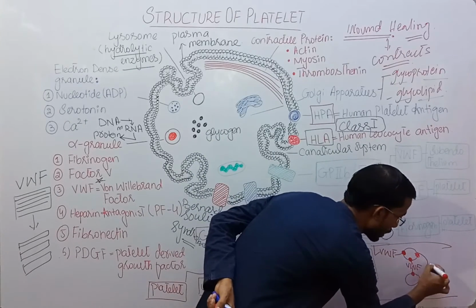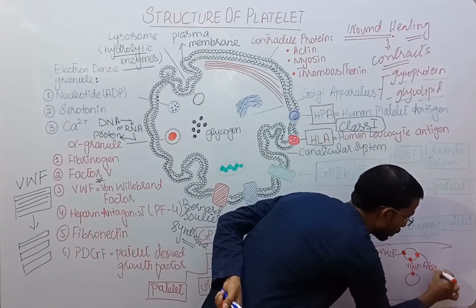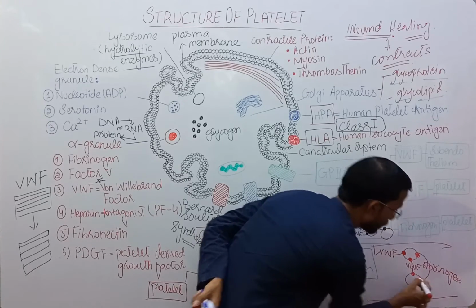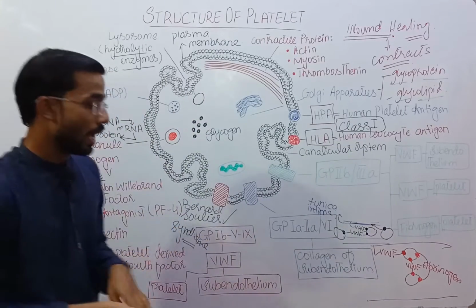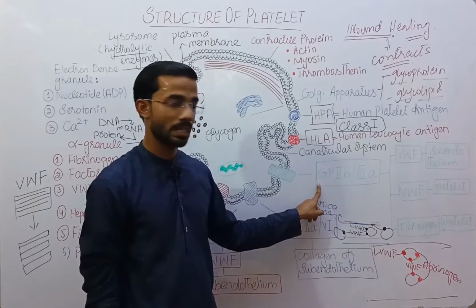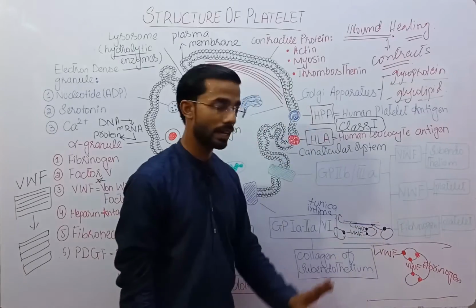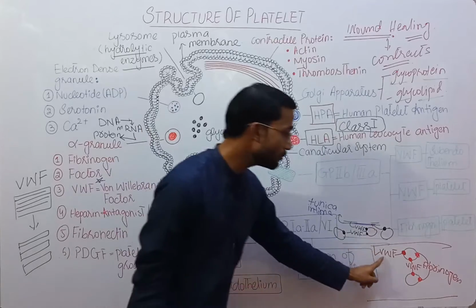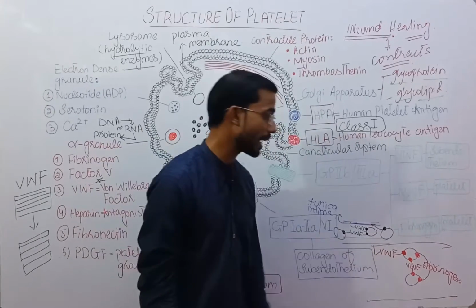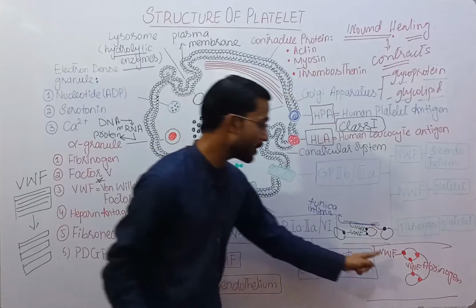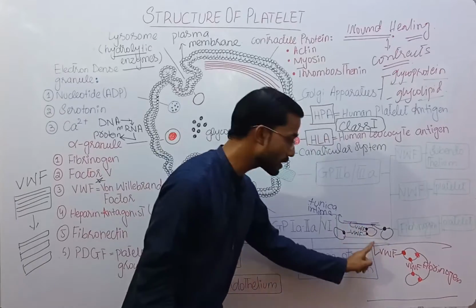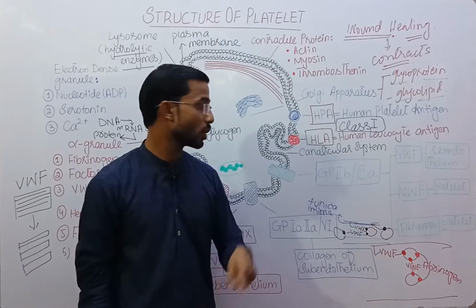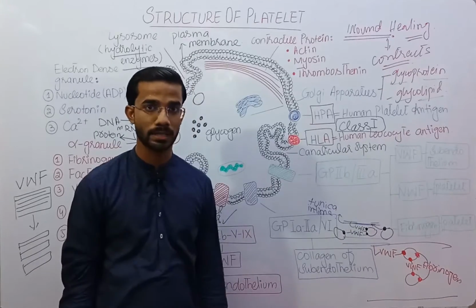Like this is fibrinogen, which is further attached to the other platelet. It means this complex is attached either to the von Willebrand factor or fibrinogen. Von Willebrand factor can attach either to the subendothelium or to other platelets having the same glycoprotein complex.